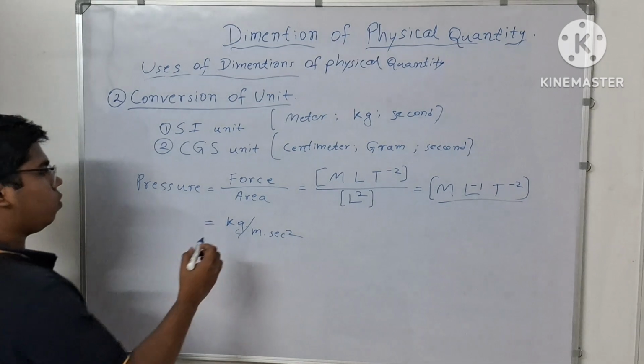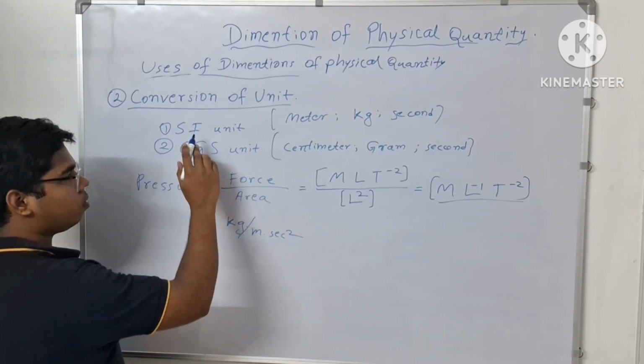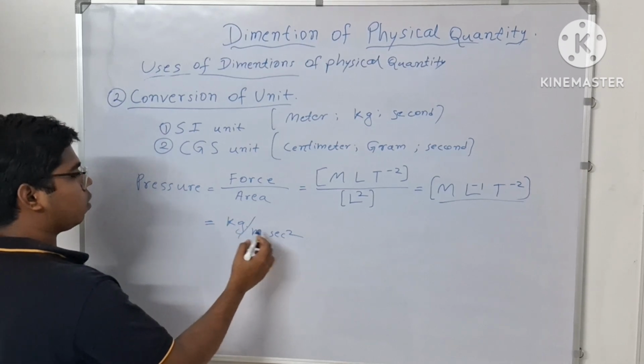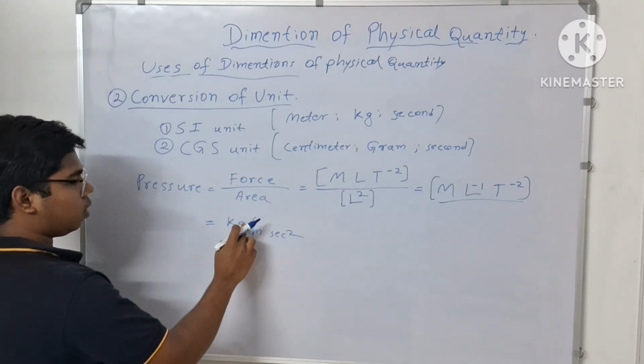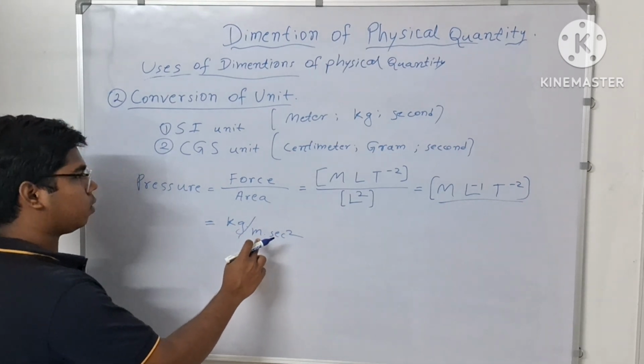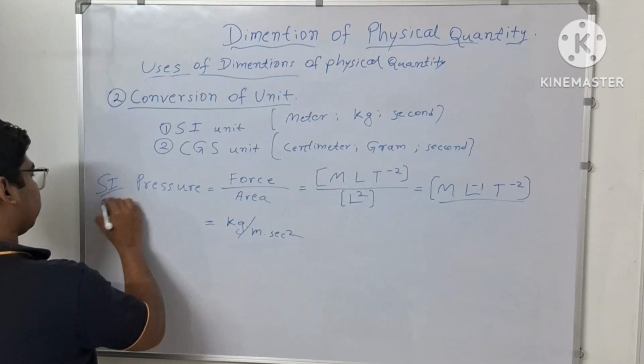So if we want to convert this kg and meter to CGS unit, from SI unit to CGS unit, then we need to convert this kg to gram and meter to centimeter. Okay, so this is in SI unit.